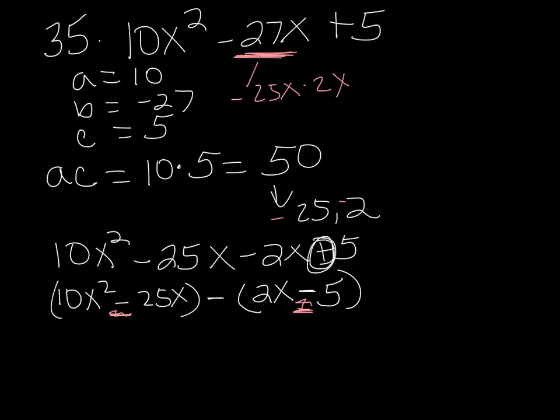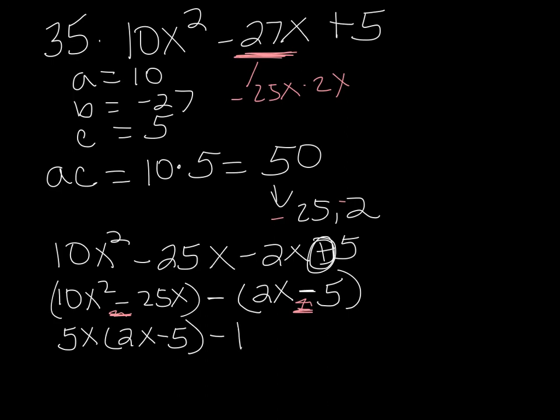Now pull out your greatest common factor within each group. In my first group, I'm going to pull out a 5x, and that's going to leave me with a 2x minus 5. In my second grouping, I don't really have a common factor, so pretty much the only thing that we can pull out here is a 1.